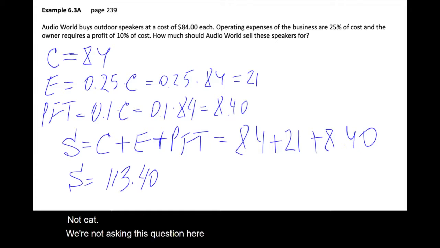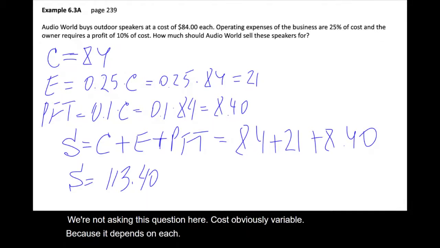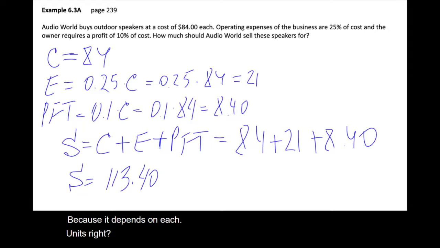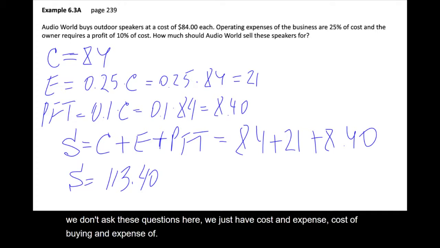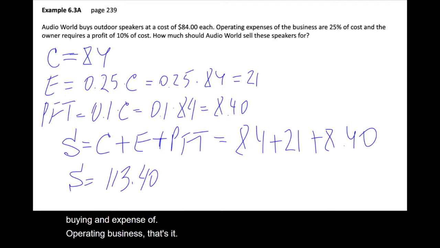Cost is obviously variable because it depends on each unit. Here, in this case, expense is most likely fixed, but we don't ask these questions here. We just have cost of buying and expense of operating the business. That's it. Makes sense? Any more questions?